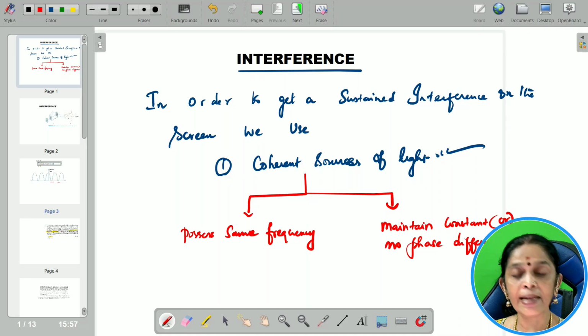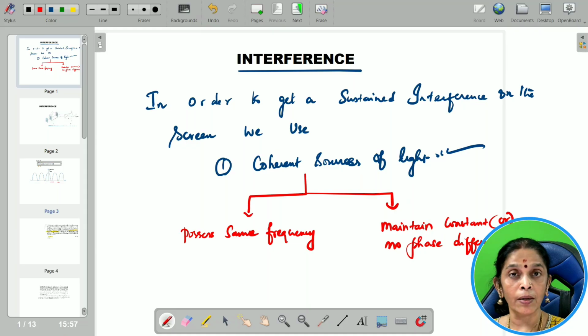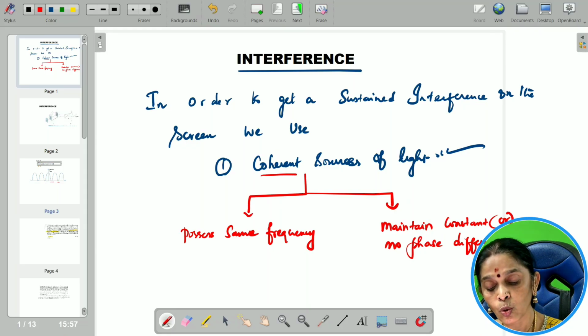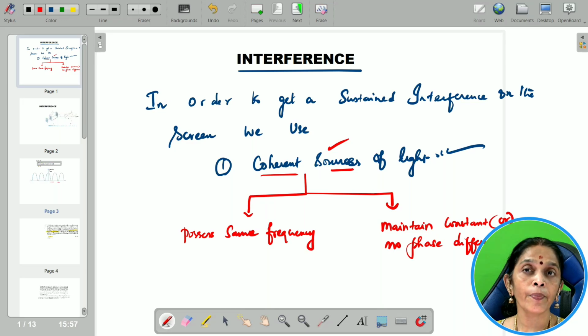If these two criteria are satisfied, then you can say that the sources are coherent. But no two independent sources are coherent.